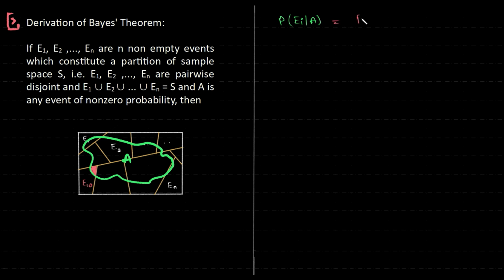We know that this is conditional probability, and we can write this particular formula.